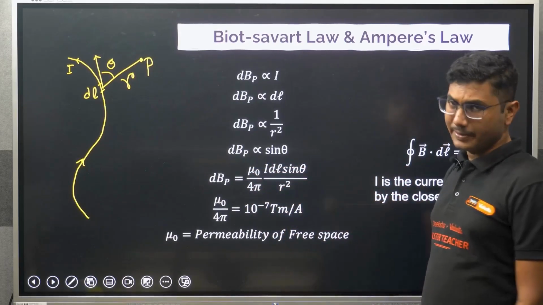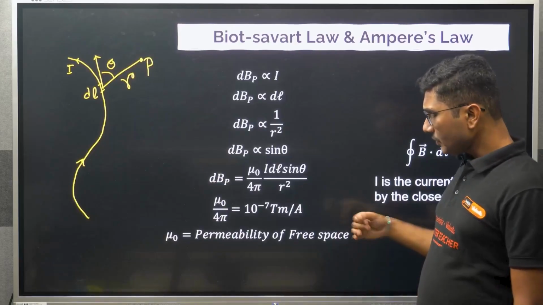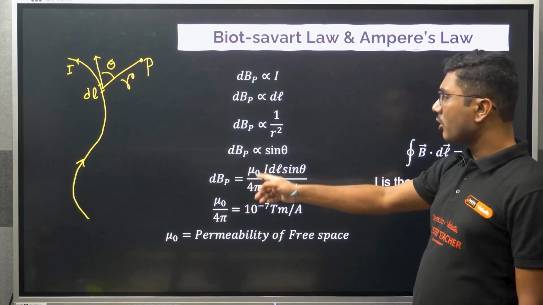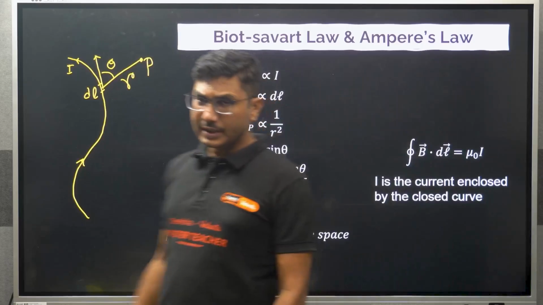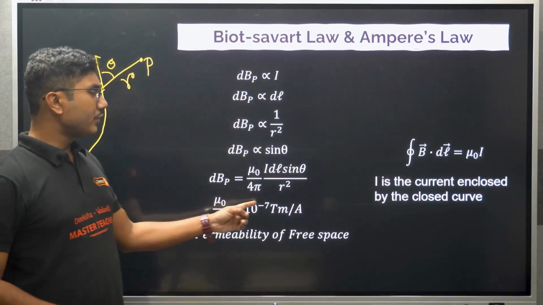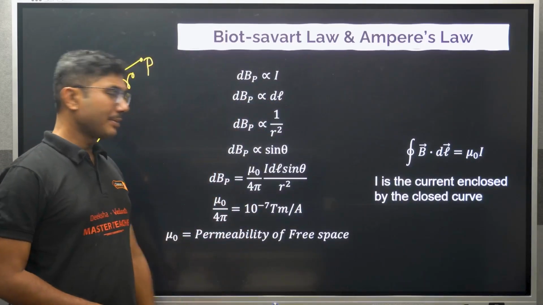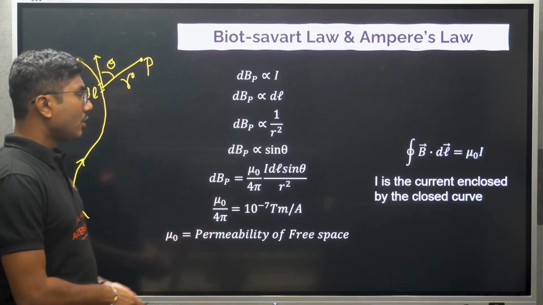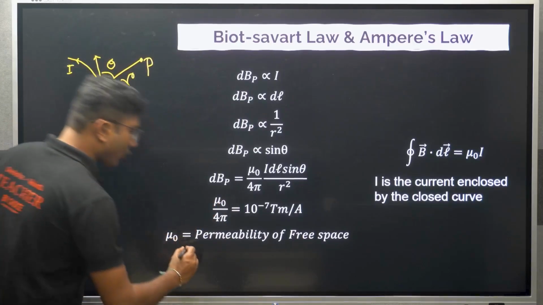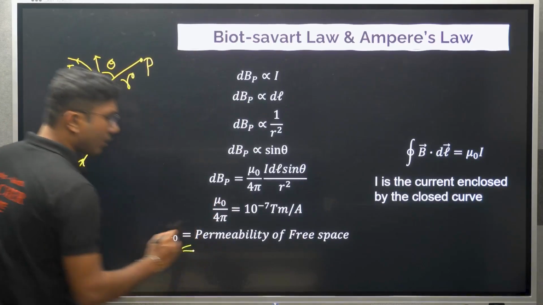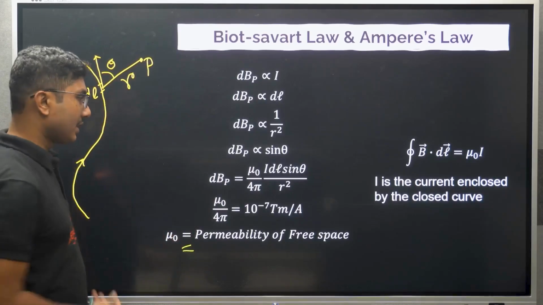Okay, now here this mu naught by 4 pi is a proportionality constant, and its value is 10 to the power of minus 7 Tesla meter per ampere. Very, very important. Okay, sometimes we will use only mu naught. Mu naught is called permeability of free space.